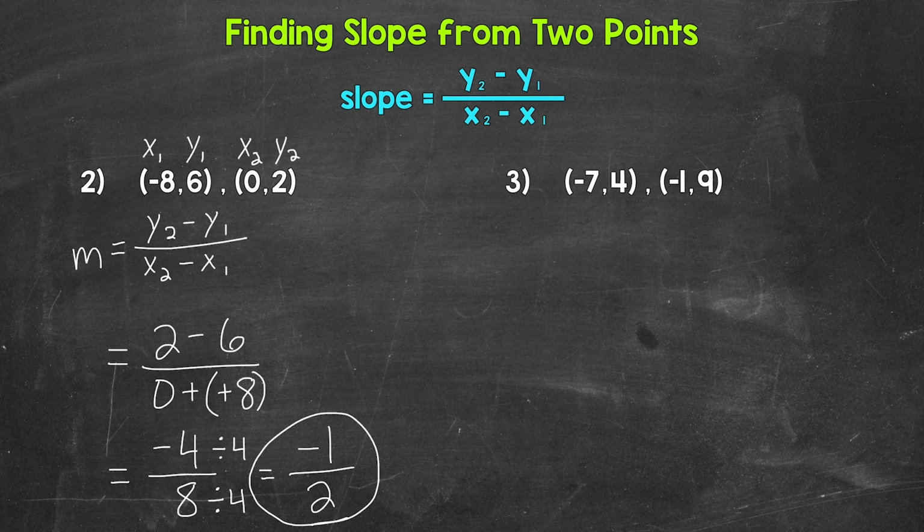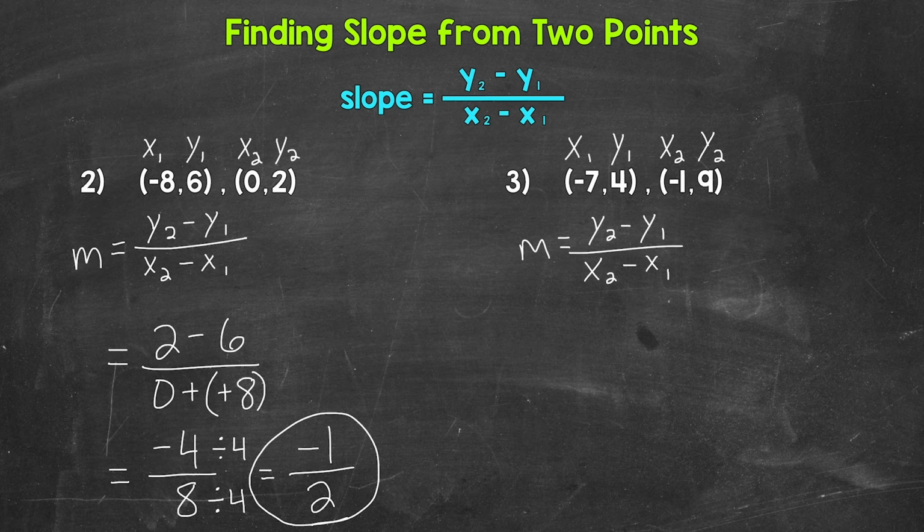Let's move on to number 3, where we have -7, 4 and -1, 9. So slope equals y2 minus y1 over x2 minus x1. Let's make -7 x1 and 4 y1, and then -1 x2 and 9 y2.